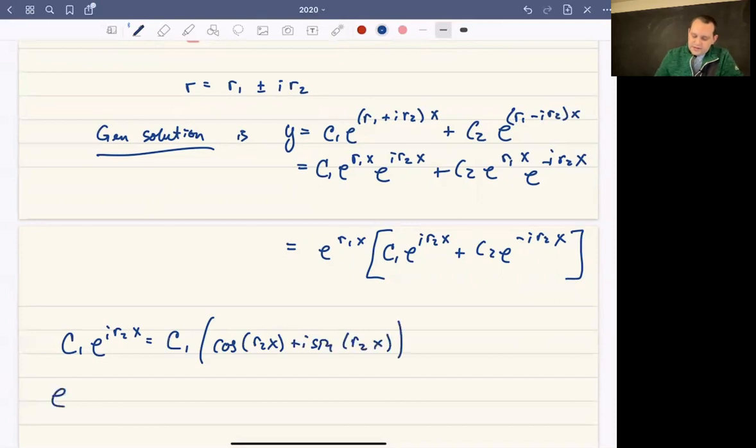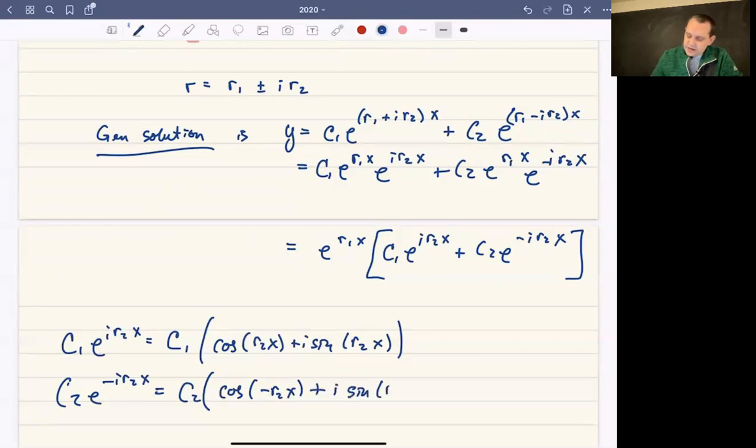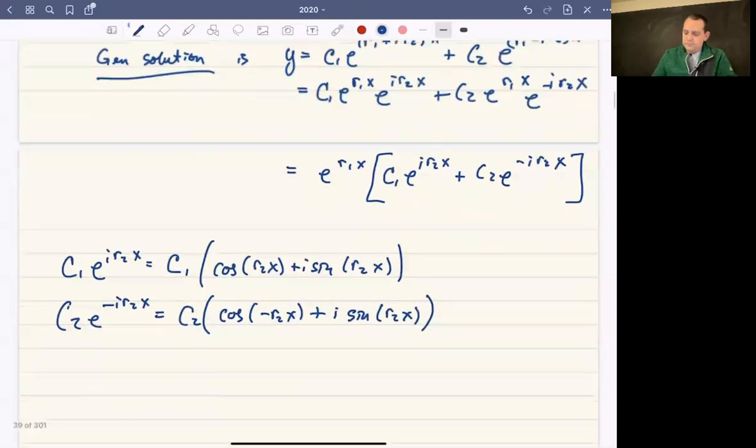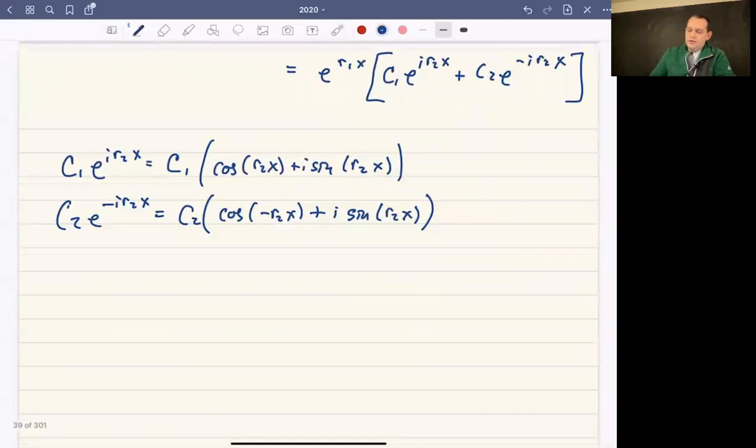And likewise, c2 e to the minus I r2x is going to be c2 times cosine of negative r2x plus I sine of negative r2x.